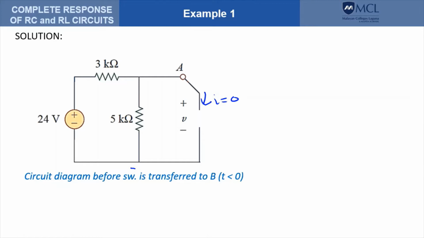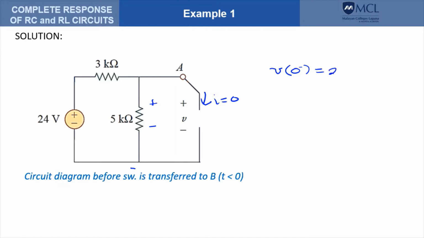To get the voltage of the capacitor at steady state, we notice that it is equal to the voltage across the 5 kilo ohm resistance. So the voltage of the capacitor just before t equals 0 can be computed as the voltage divider across the 5 kilo ohms.